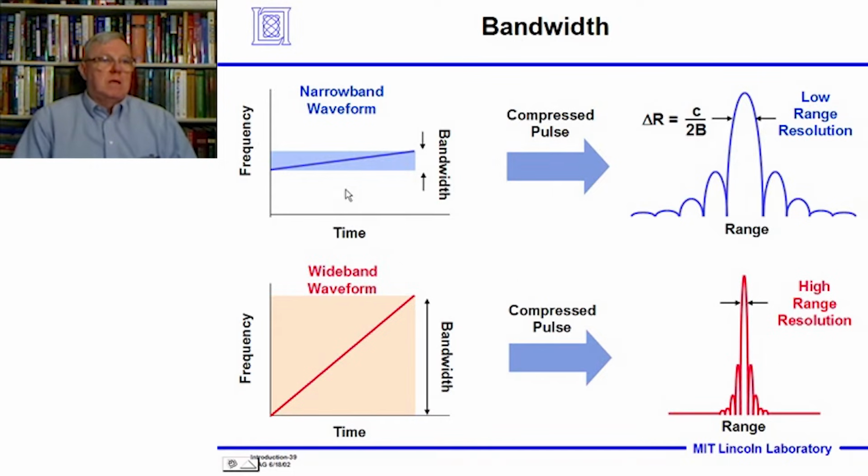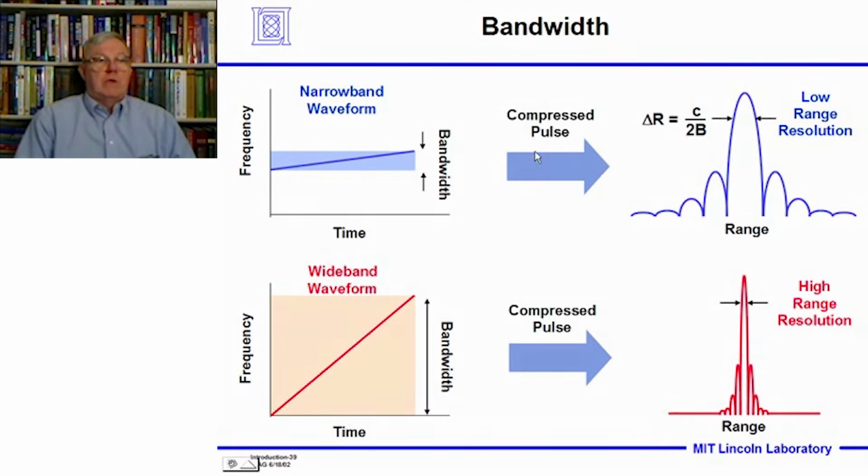Now you saw before with the linear FM waveform how the frequency went from one number to another number. It changed linearly in the course of the pulse. That frequency extent, the amount the frequency changed over the course of the pulse, is called, for a linear FM waveform like we show here, the bandwidth.